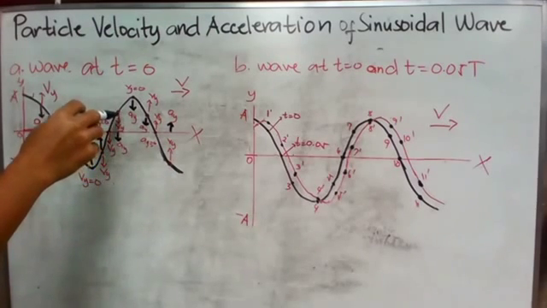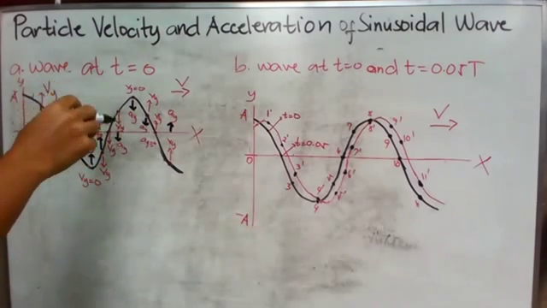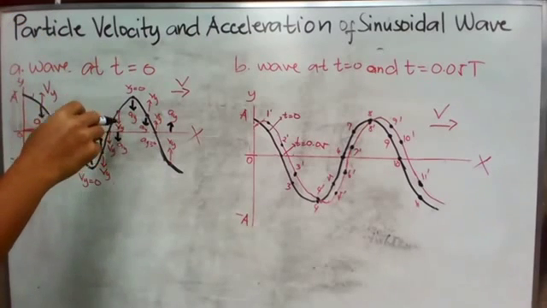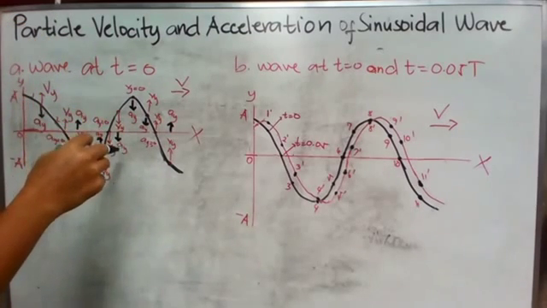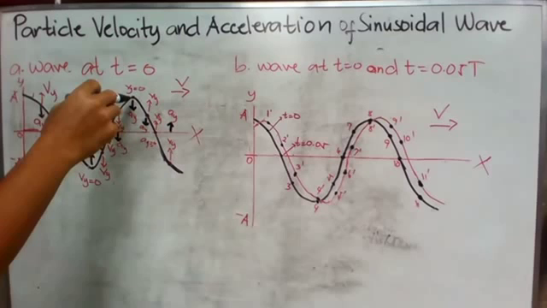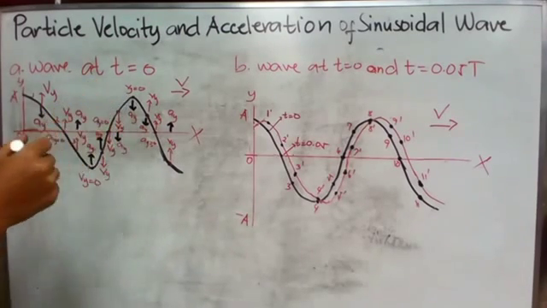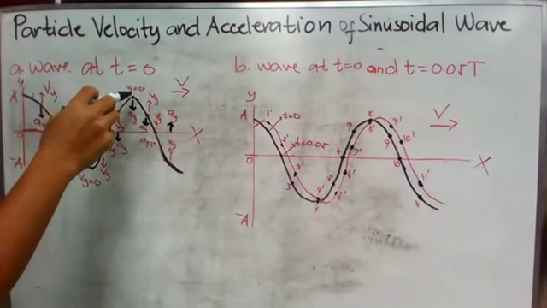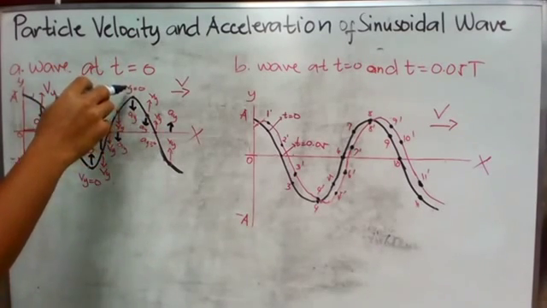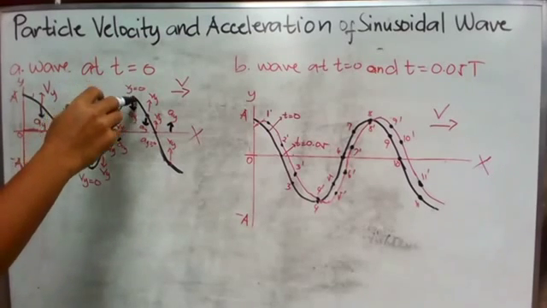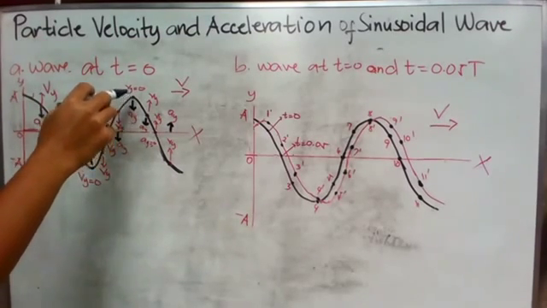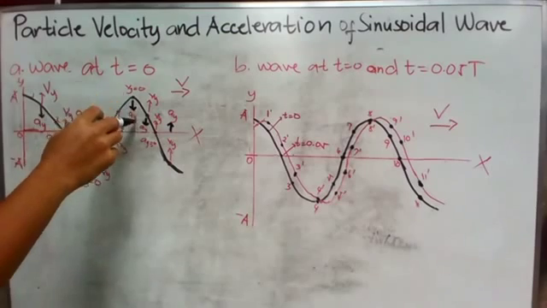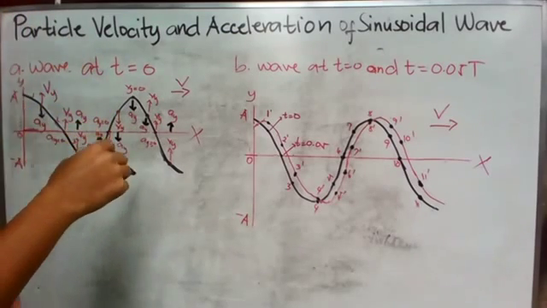For particle 5, the velocity and the acceleration are both going down. Then for particle 6, particle 8, we don't have velocity along y since it is at the maximum height, so it is 0, but we have the acceleration going downward.